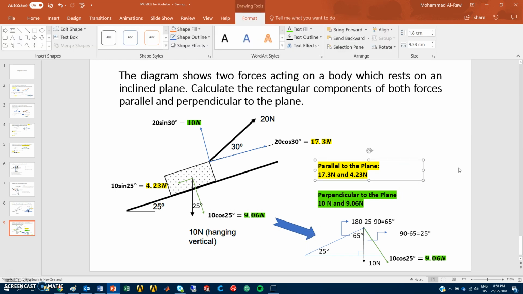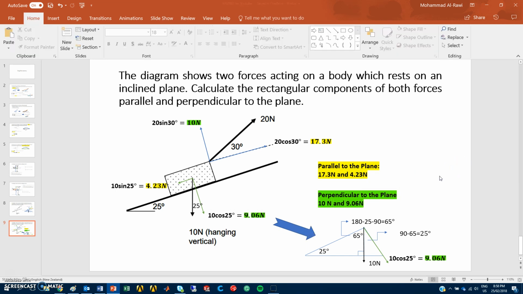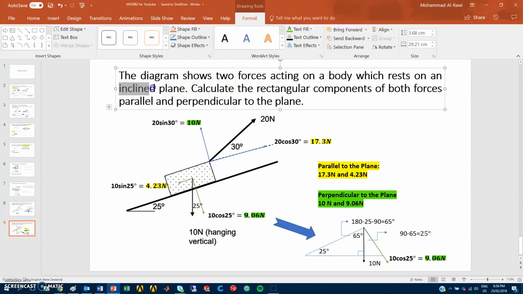All right, let's summarize this video and see what we have done in this question. The diagram shows two forces acting on a body which rests on an inclined plane. It is very important that this plane is inclined at 25 degrees. Calculate the rectangular components of both forces parallel and perpendicular to the plane. First of all, we have the 20 newtons.